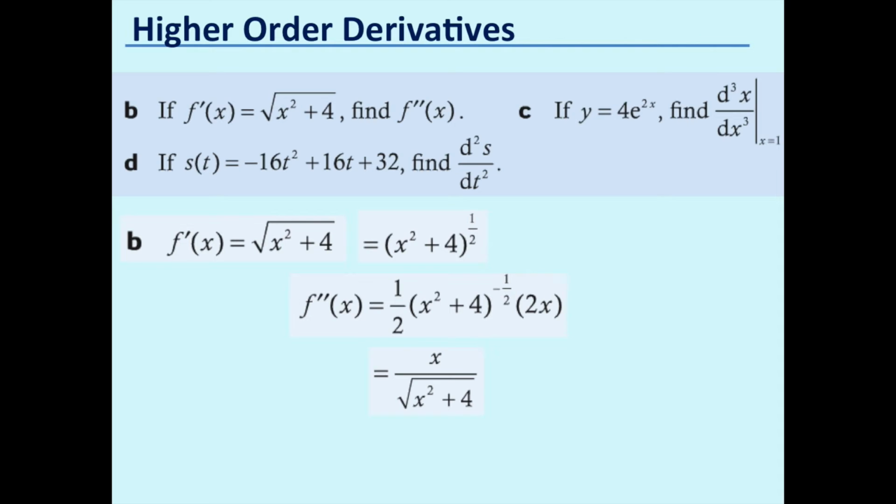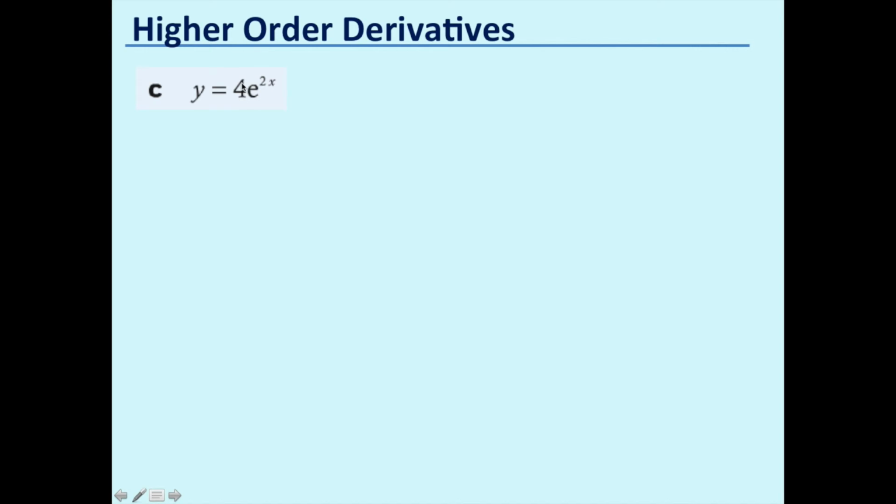For part C then, we're asked to find the third derivative of this function and find the value when x equals 1. So for this, we've got 4e to the power 2x. So again, we're going to have to use the chain rule here. So you can think of this as 4e to the power x.